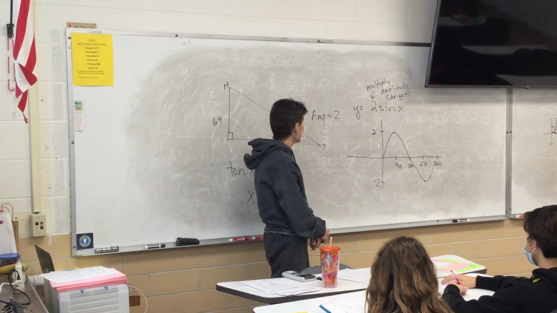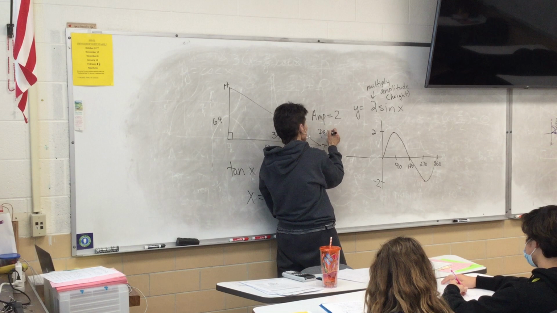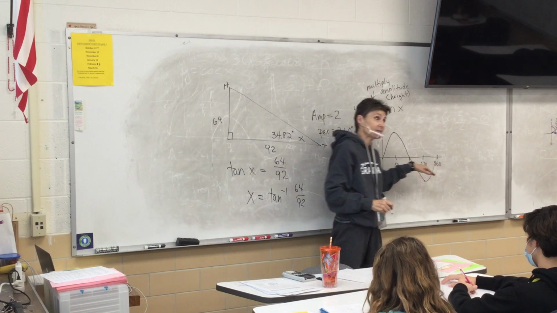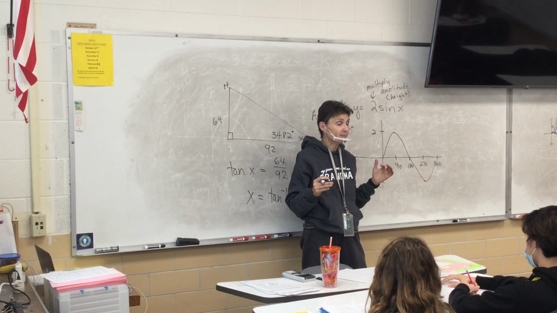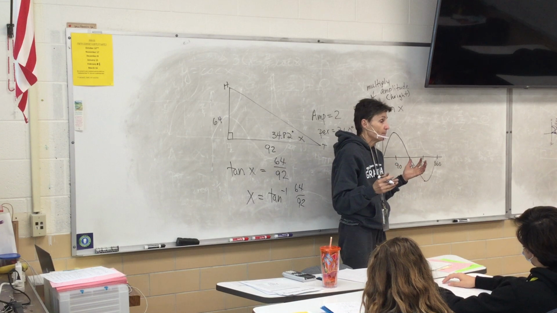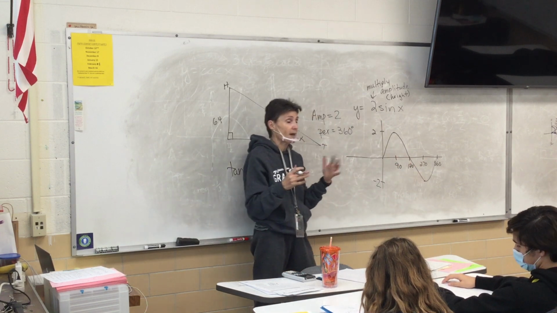Okay, so the amplitude is 2, the period is still 360. That part hasn't changed. The width of the picture is called its period. And that hasn't changed, because the number in front doesn't change that.